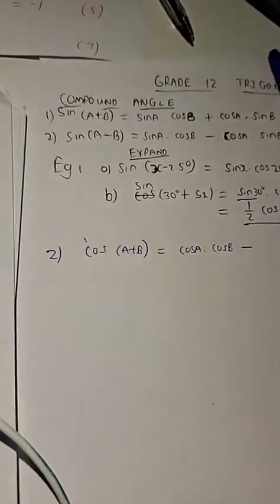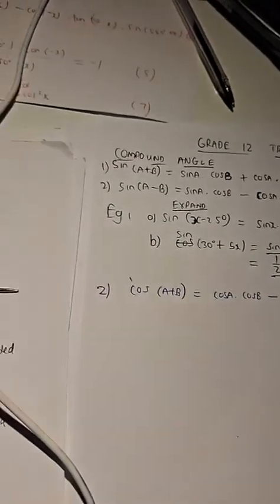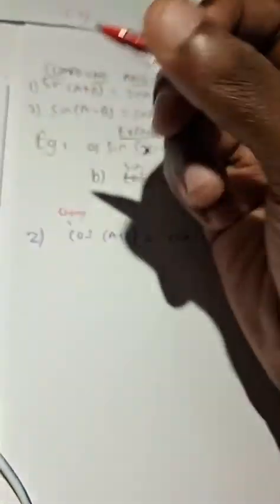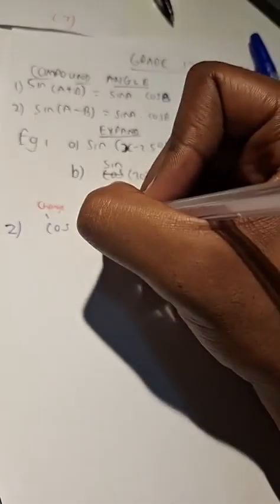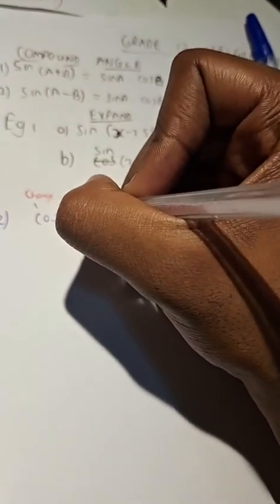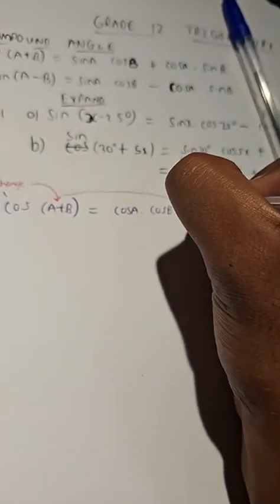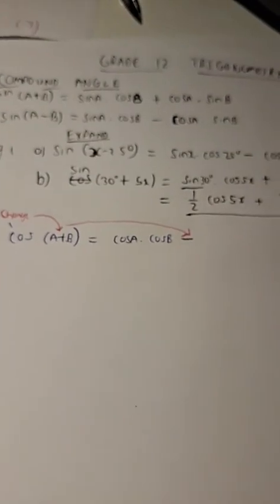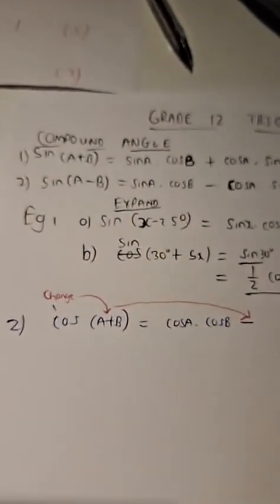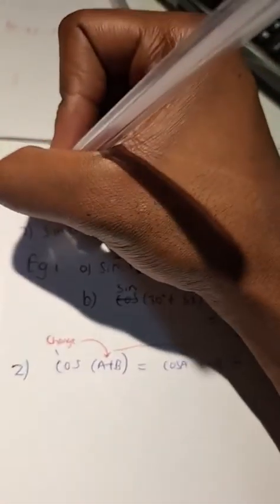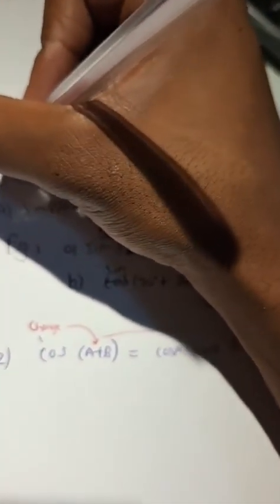So we say the C for cos stands for change. That's why this sign here changes from positive to what? To negative. But then what you can do basically is, you have the formula sheet. You don't have to memorize this, but when it's in memory, it's nice.